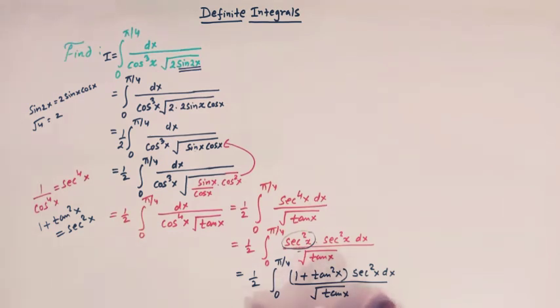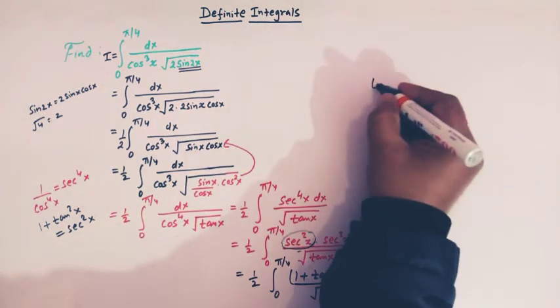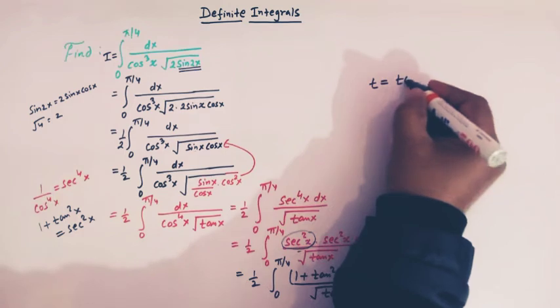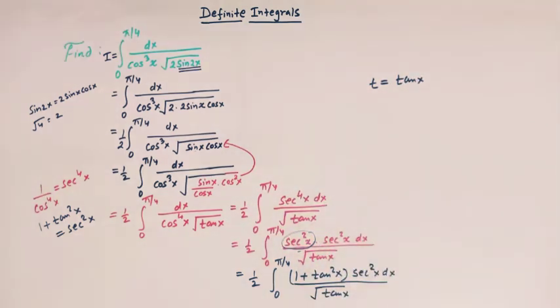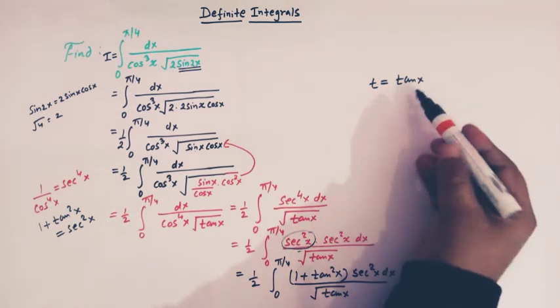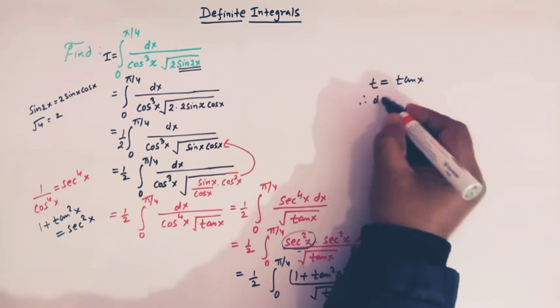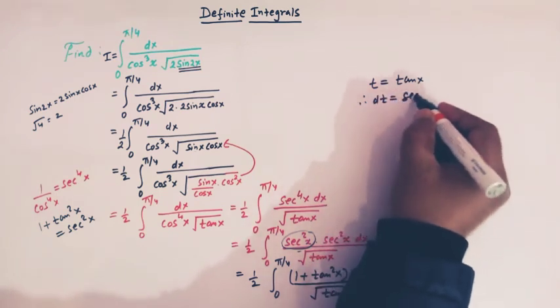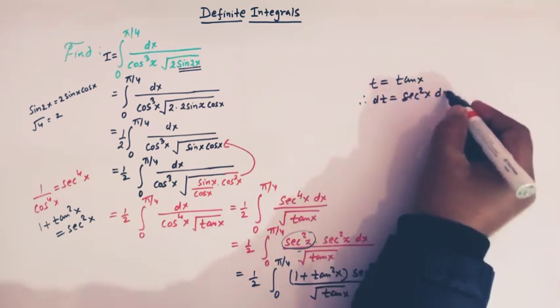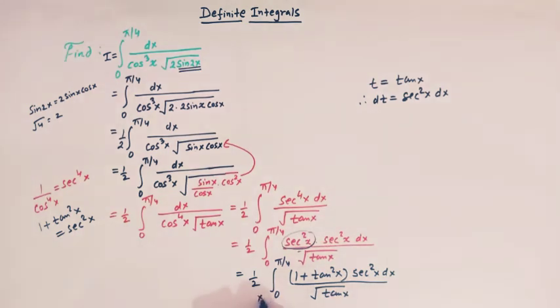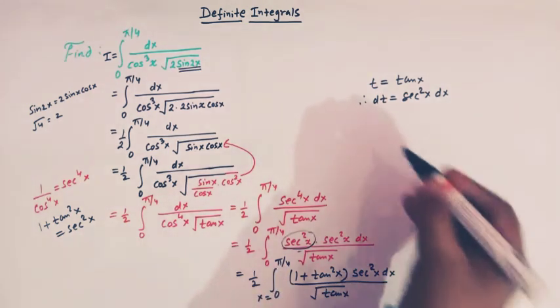At this point we make the substitution t equal to tan x, therefore dt is equal to sec square x dx, and x varies from 0 to pi by 4.